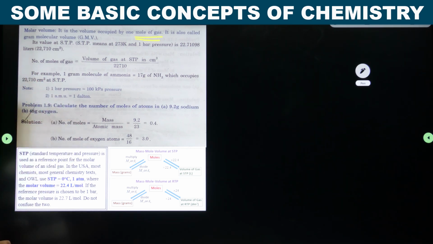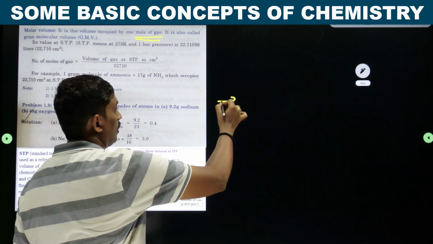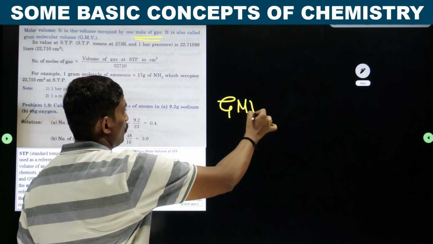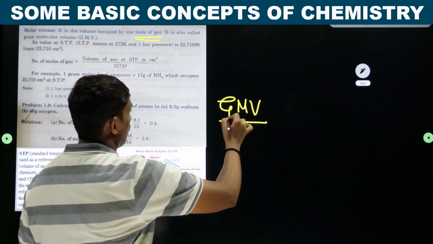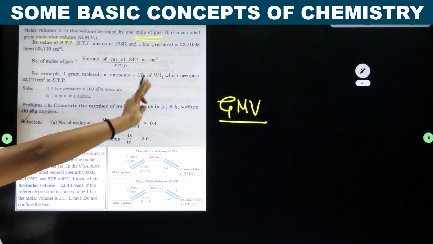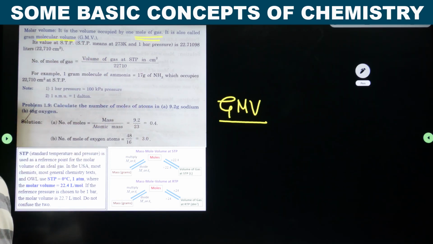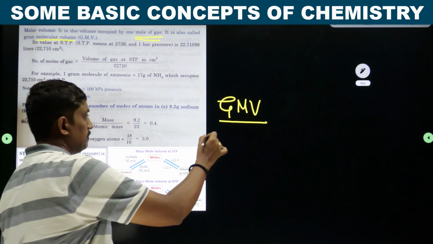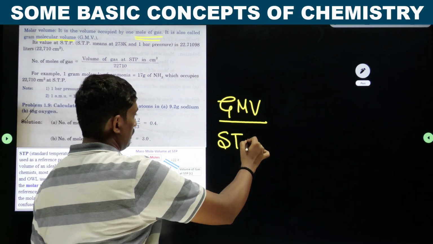It is also called gram molecular volume, GMV. Its value is fixed at standard temperature and pressure. What is the meaning of standard temperature and pressure? STP.